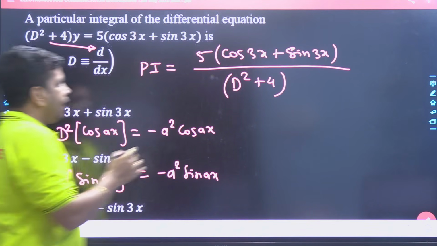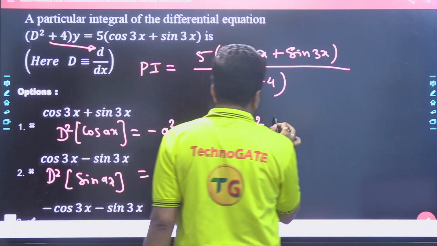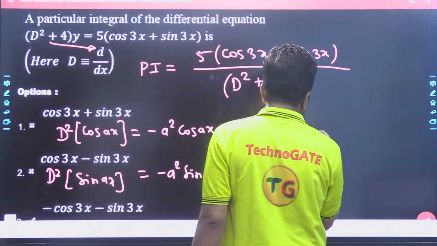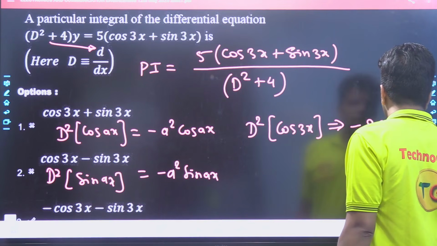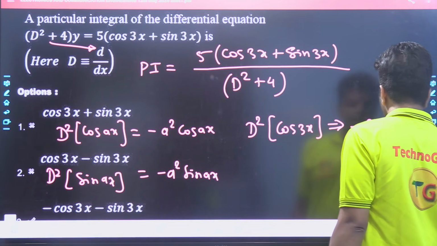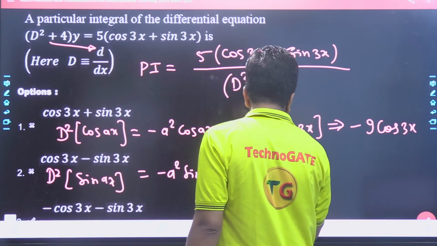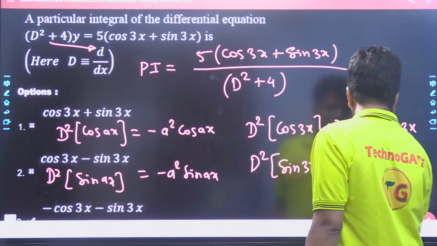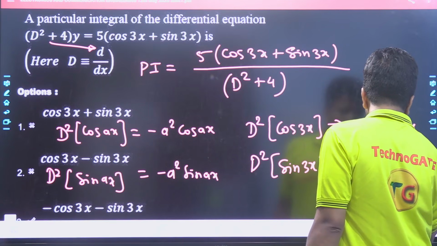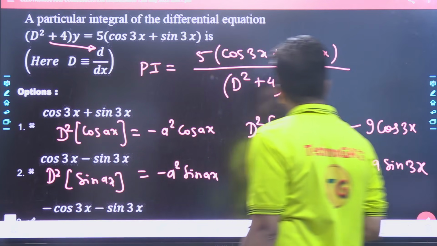So if we are taking double differentiation of cos 3x, this becomes minus 9 cos 3x, and double differentiation of sin 3x becomes minus 9 sin 3x.